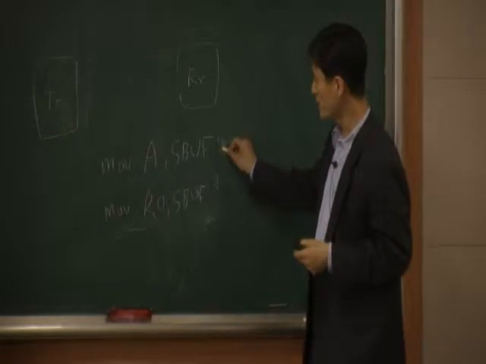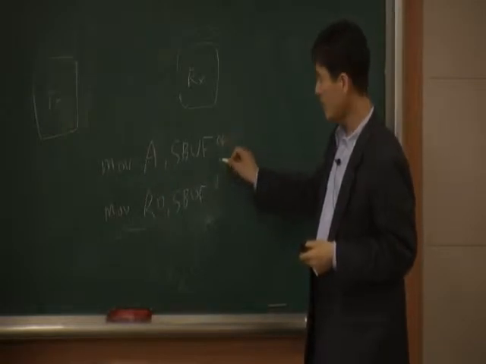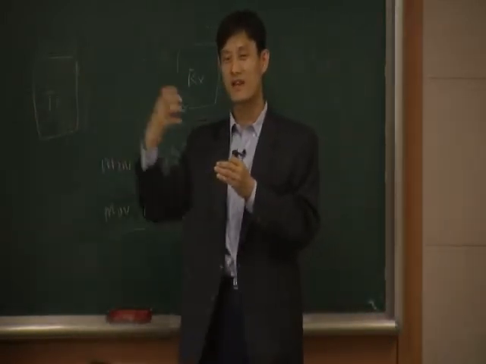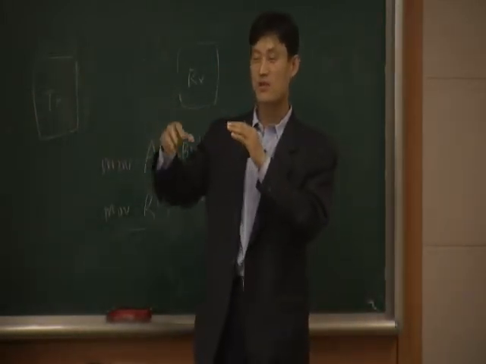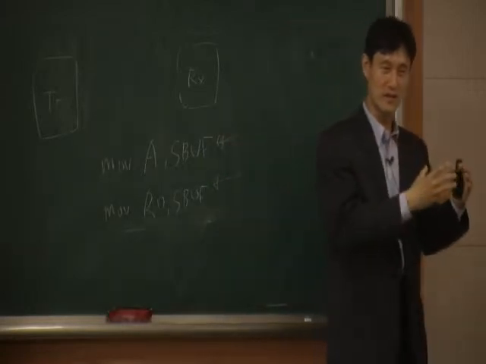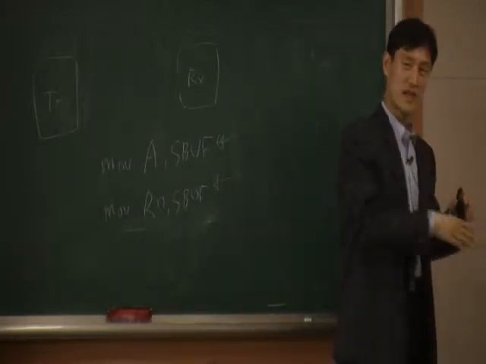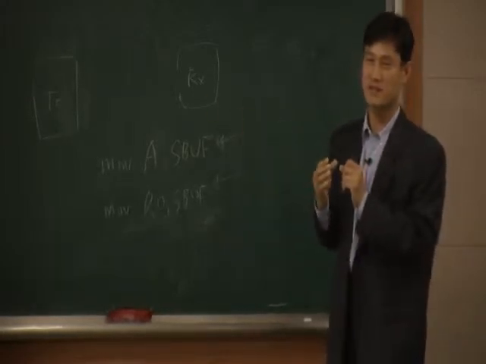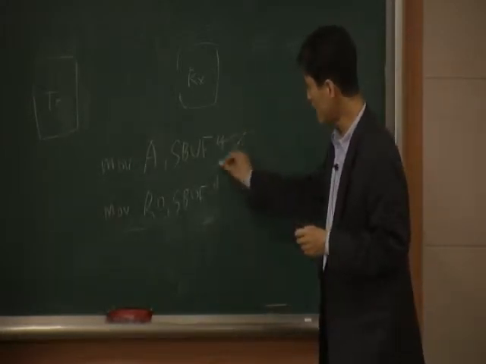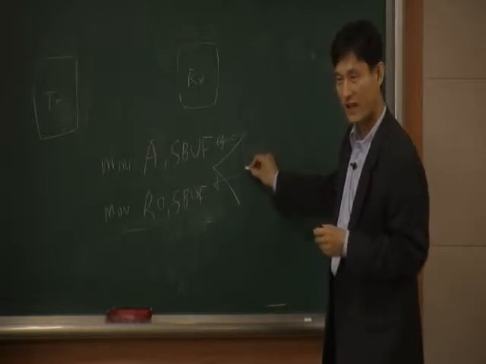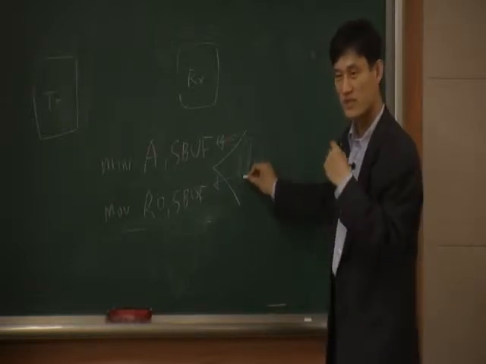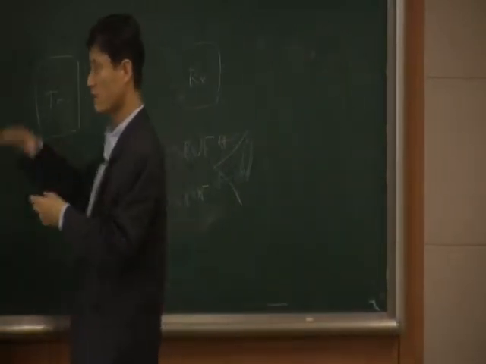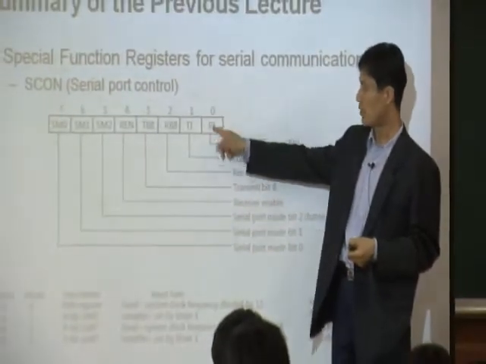Because when you read it, the hardware again needs a little bit of delay to receive the next letter. It's a packet, so you convert the packet into a letter and put the letter into the SBUF. That takes time. Once the hardware finishes that process, the hardware makes this bit 1.